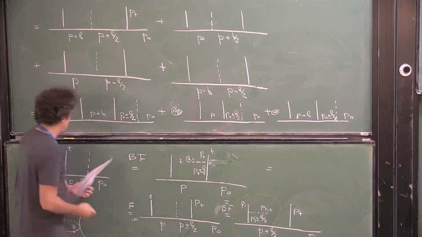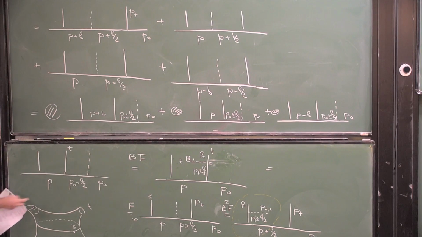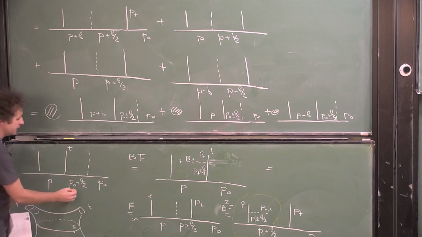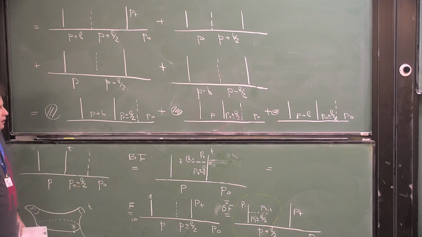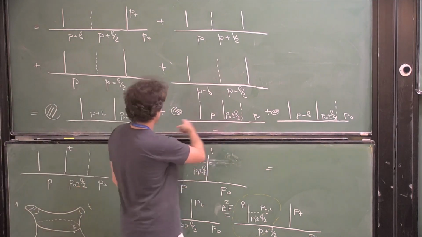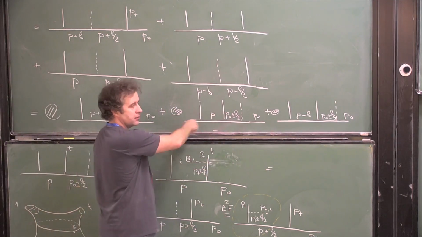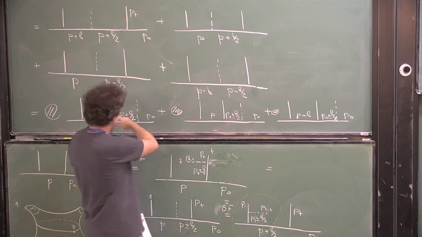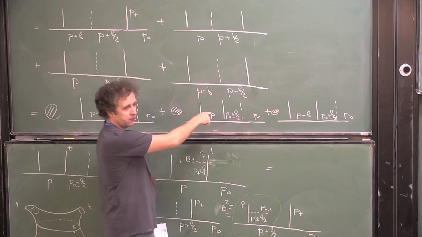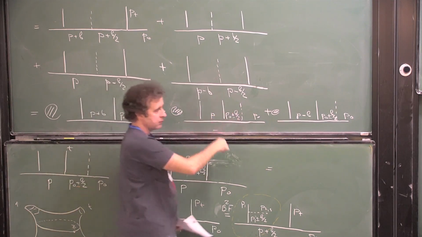Okay, and even though I have started with plus over here, it is clear that if I add minus, it will be again a linear combination of the same 6 conformal blocks that we have over here.